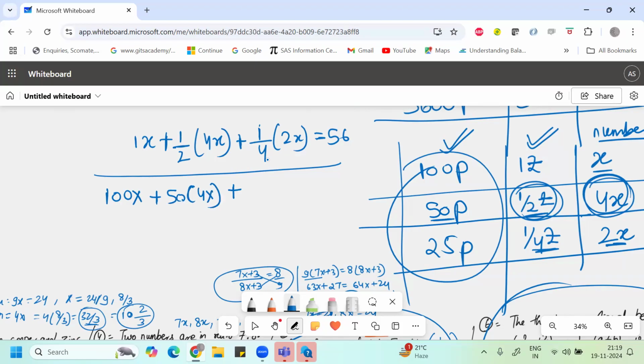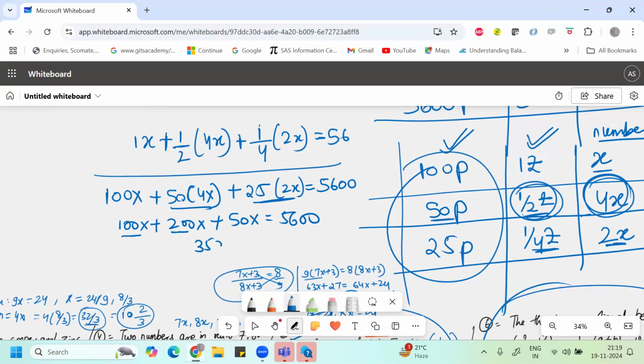Plus for 2x coins of 25 paisa, the worth would be 25 into 2x. The total is 5600 paisa. So 100x plus 200x plus 50x is equal to 5600. So 100 plus 200 is 300, plus 50, 350x.